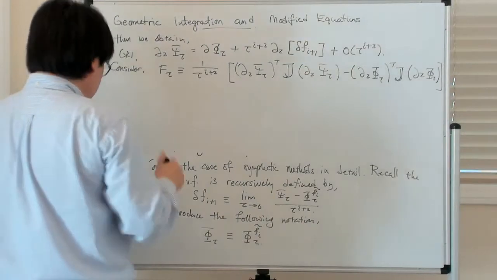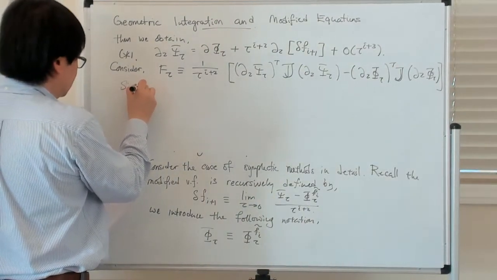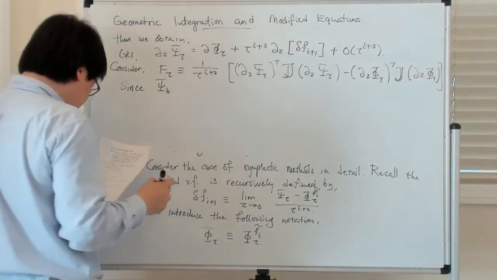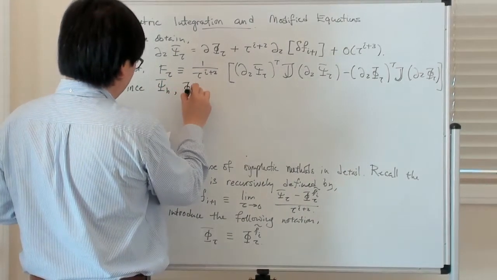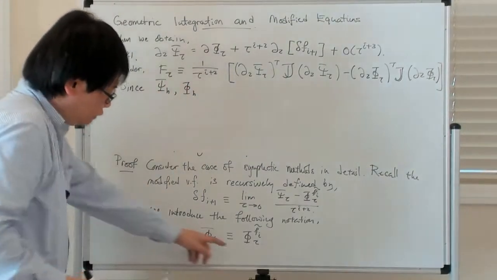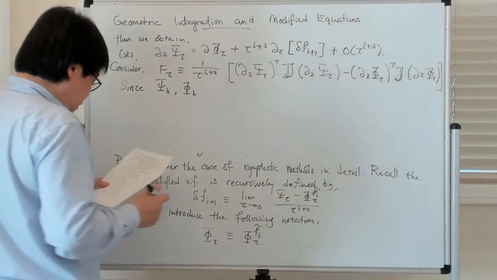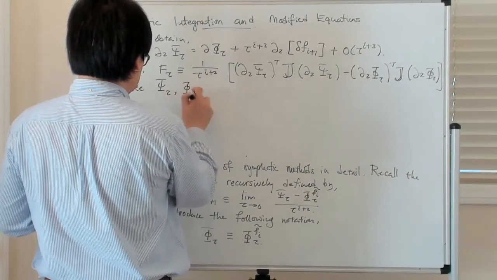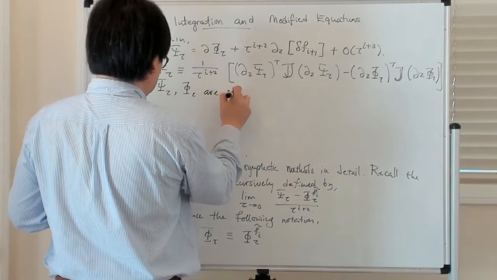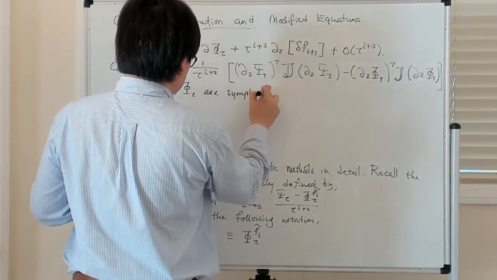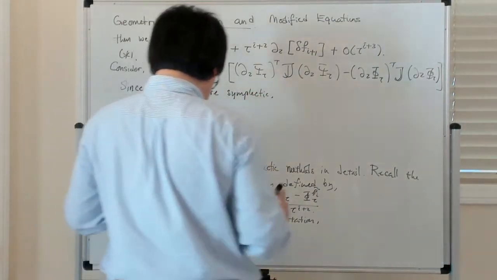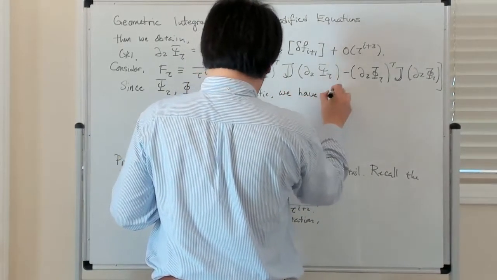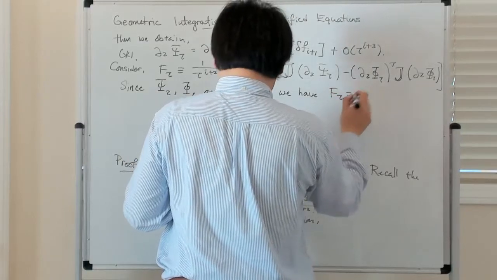Okay, so since both the numerical method psi_h and phi_h, which is the exact flow of this modified vector field, are symplectic with respect to tau, this implies that f tau is 0.